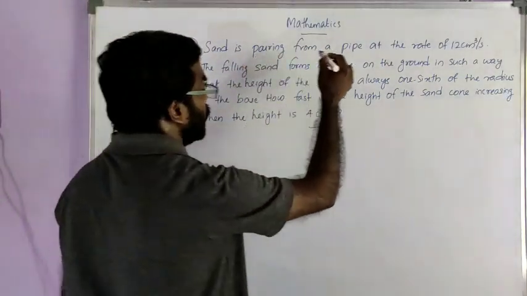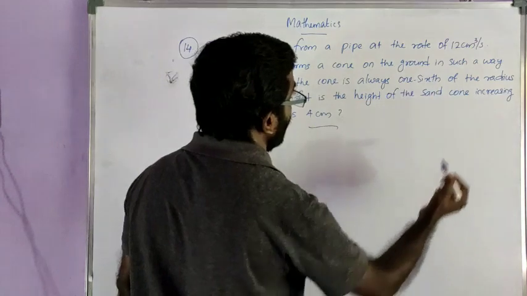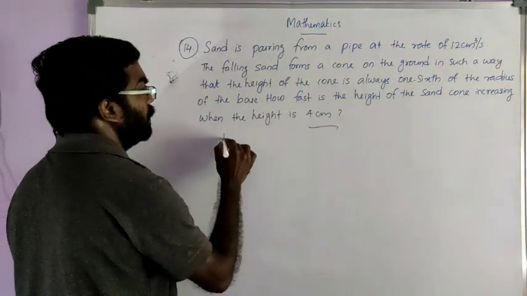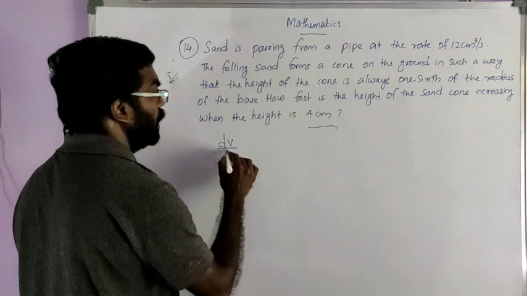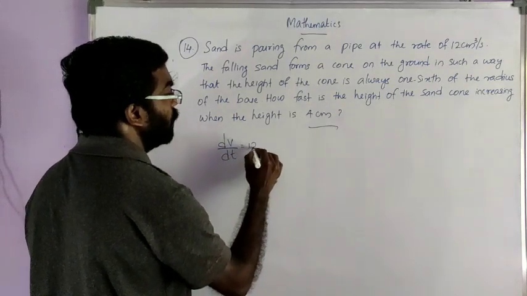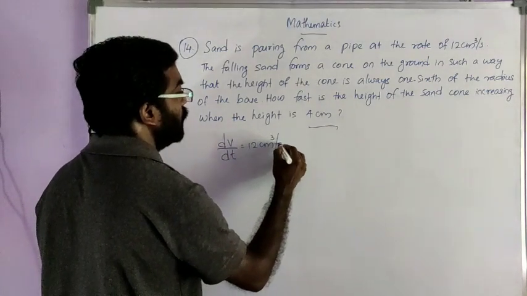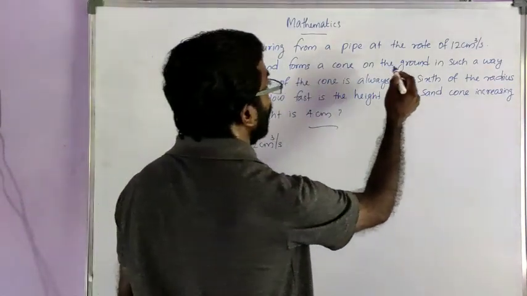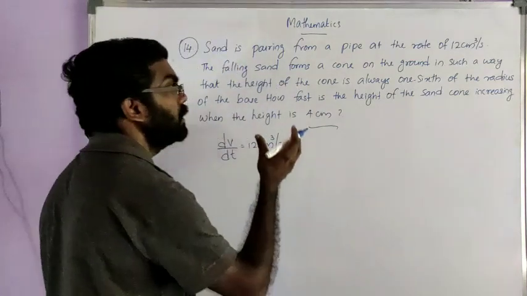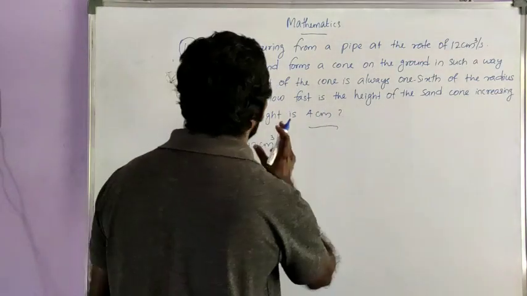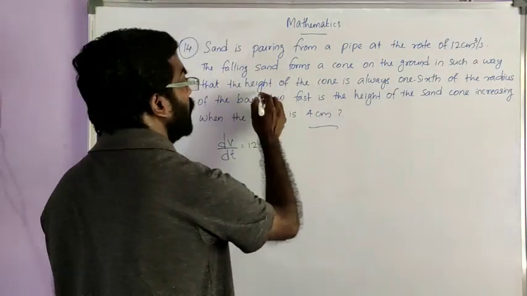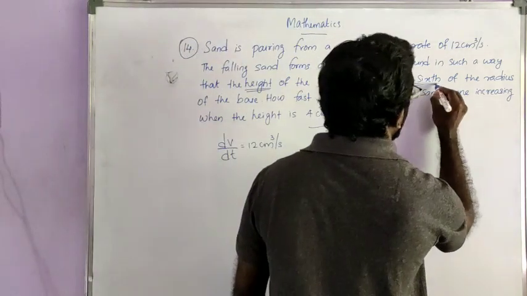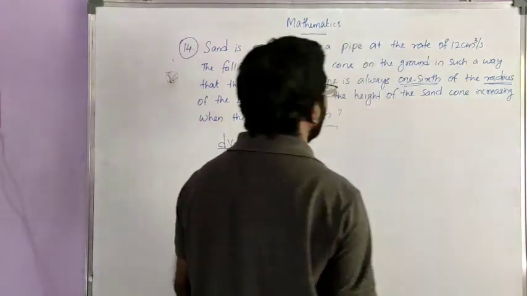Sand is pouring from a pipe at the rate of 12 centimeter cube per second. That is dV by dt is equal to 12 centimeter cube per second. The falling sand forms a cone on the ground, in such a way that the height of the cone is always 1/6 of the radius of the base.